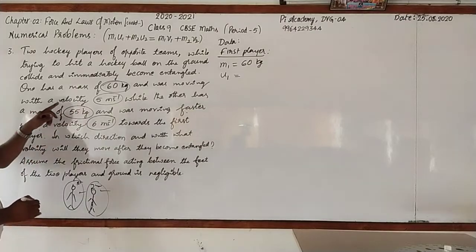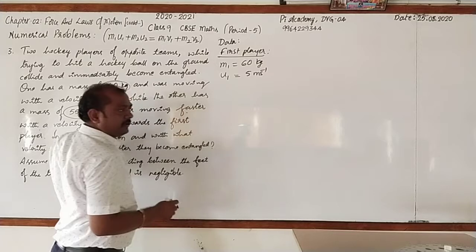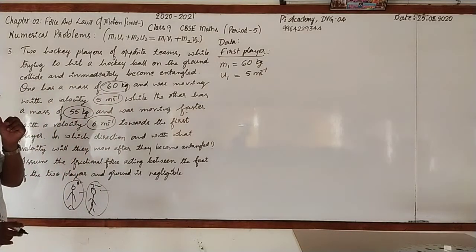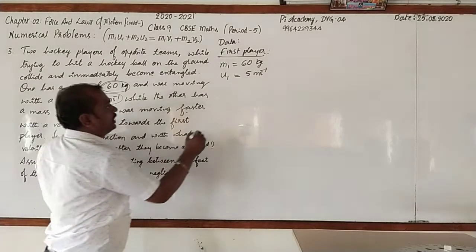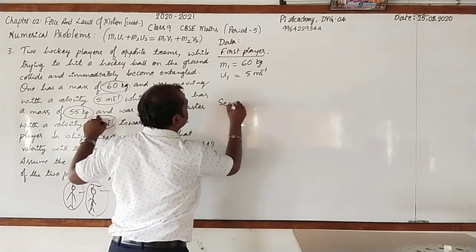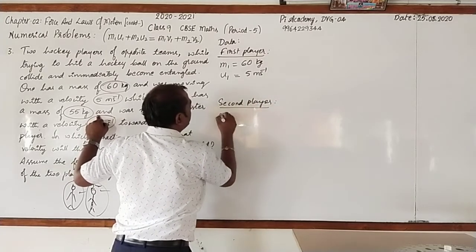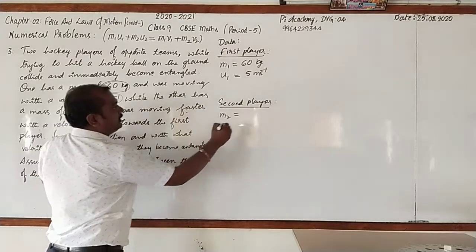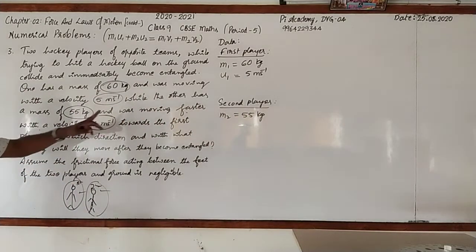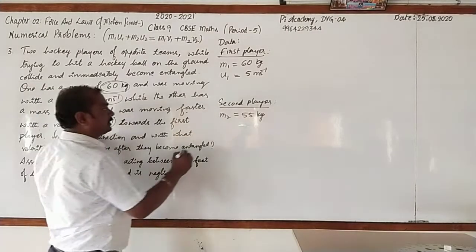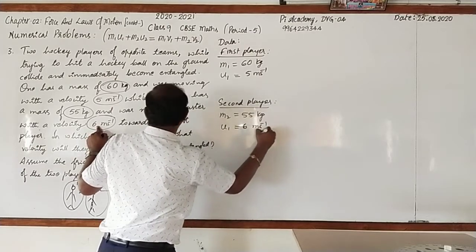How much? Moving with a velocity 5 meter per second. Clear? Next, the other has a mass of 55 kg. I'll take second player. Hope that you are writing with me. His mass is 55 kg. Then, he was moving faster with a velocity 6 meter per second. U1 is 6 meter per second.